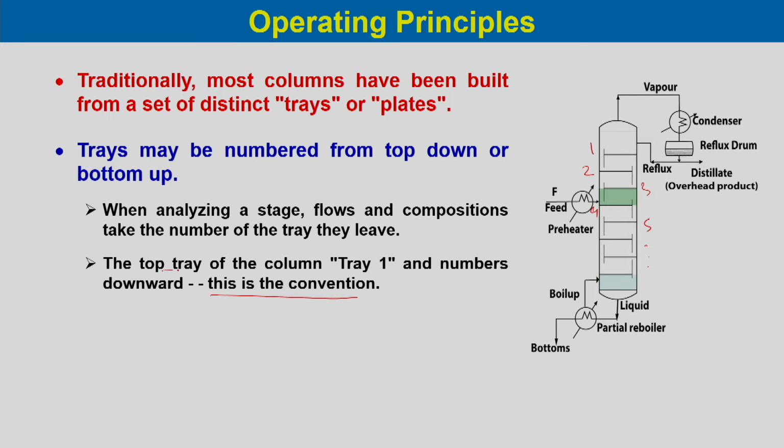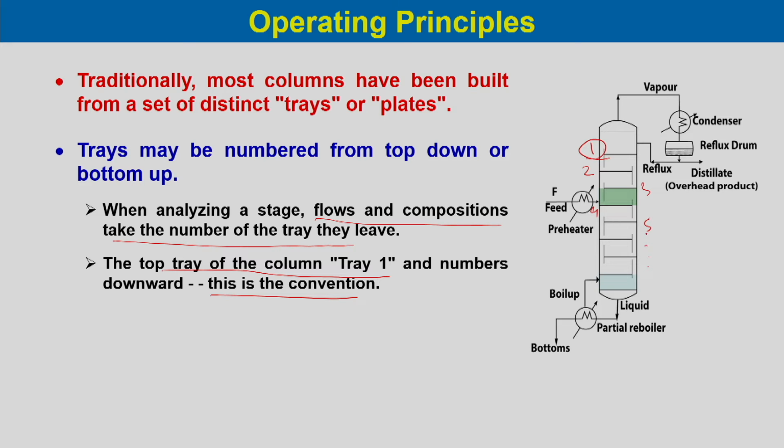So, you give the top tray the number 1 and then go downwards 2, 3, 4. That is the usual convention, but you can use the reverse way as well. And as it said, when we analyze the stage, flows and compositions take the number of the tray they leave.